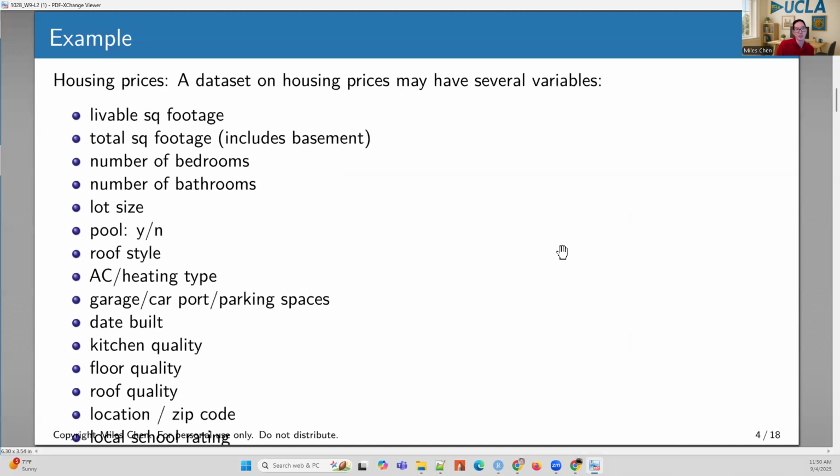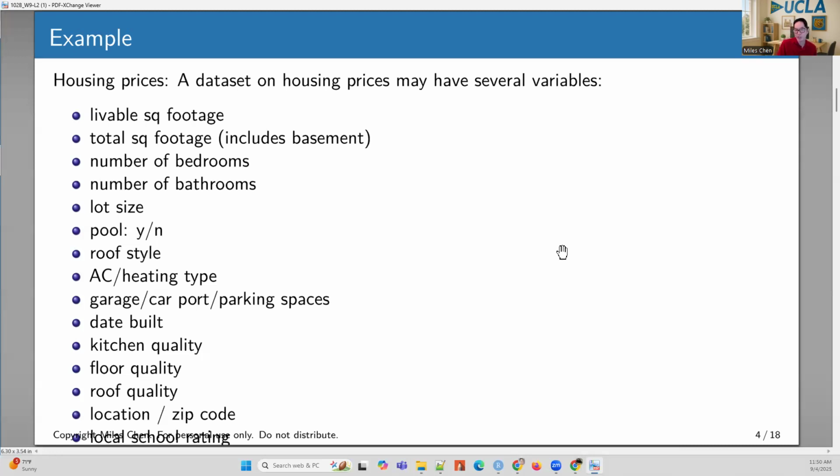So an example is if you search for a house or an apartment, there are a ton of variables. You have the square footage and the number of bedrooms, number of bathrooms, maybe the lot size, other attributes like if there's a pool or the roof, the quality of the kitchens and stuff.